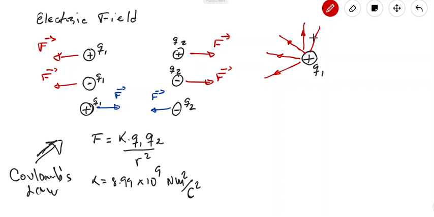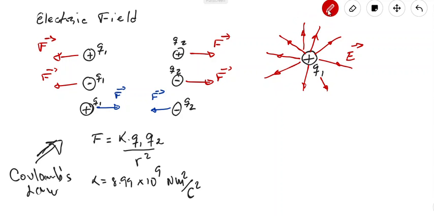Electric field is a vector, and these electric field lines are radial. E is the letter we use to represent the electric field. So when the charge is positive, the electric field lines are radial and leave the charge.